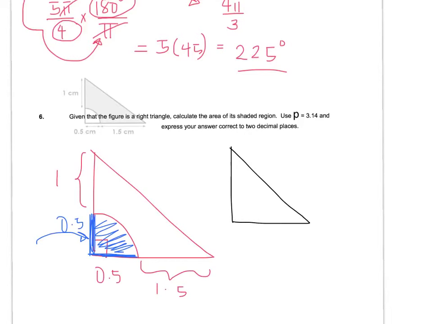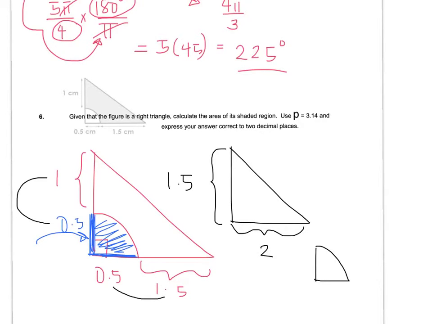The one is a triangle and the one is a quarter of a circle. Now do not be confused. The side of the triangle here is 1.5. That's coming from 1 plus 0.5. The side of the triangle here is 2 coming from 1.5 and 0.5.